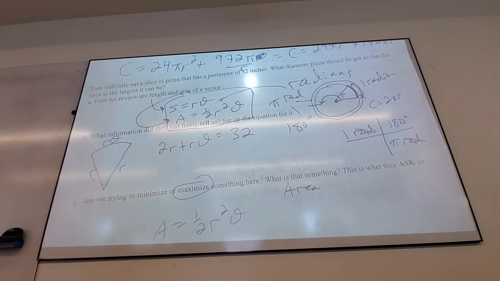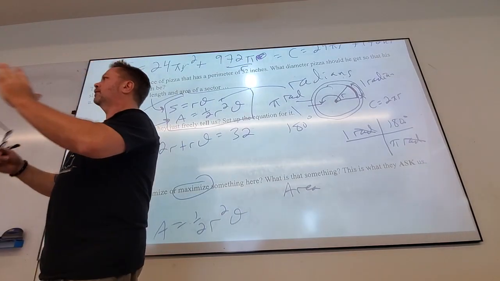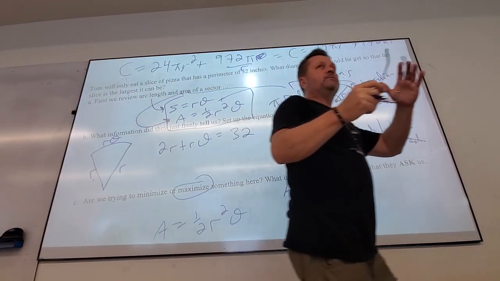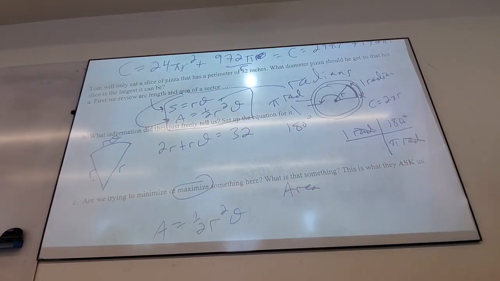The whole point of these problems is they tell us something and they ask us something. I set up a formula for what they ask us so I can attack it with calculus. They're going to ask us to maximize, minimize, make it the closest, the biggest, the smallest, whatever. Those are optimization questions. In this case, I want to optimize my pizza area.